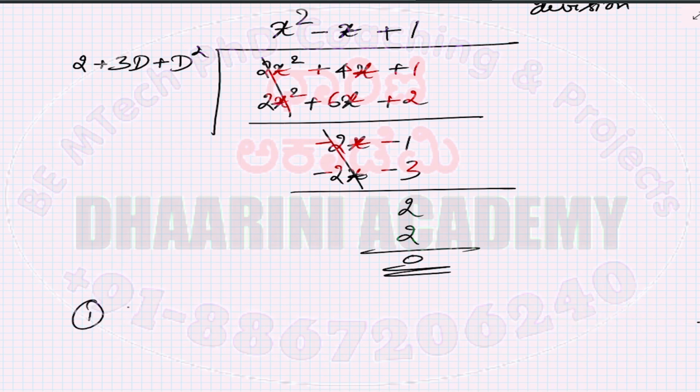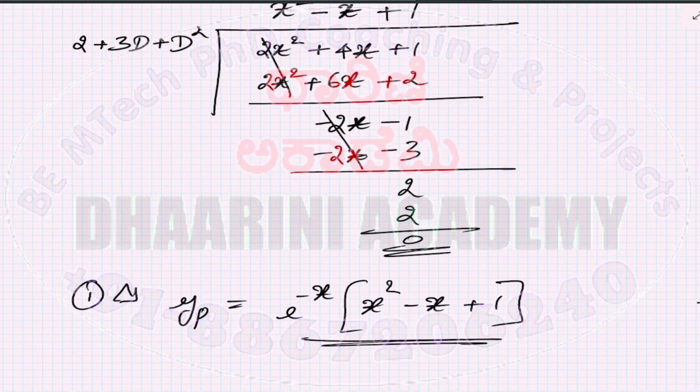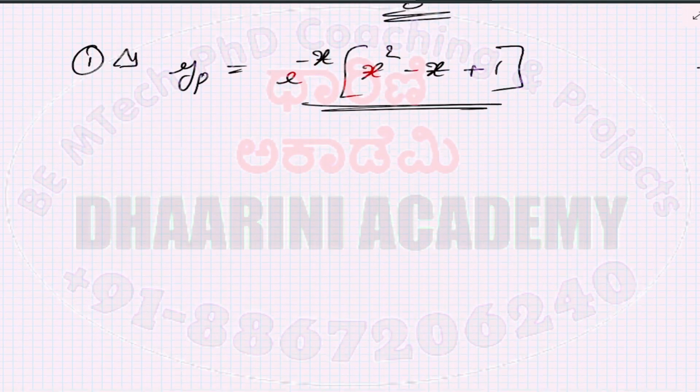Therefore in 1 the yp becomes equal to e to the power minus x, which is already existing there, into x square minus x plus 1. That's the answer. Using this particular technique we can solve the problems which are type 4.